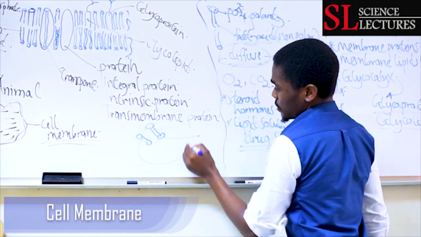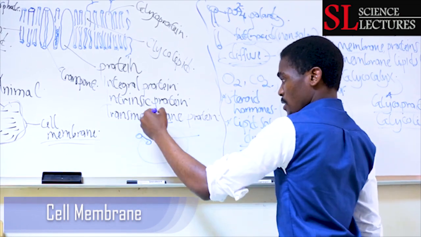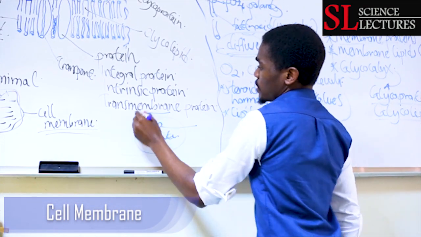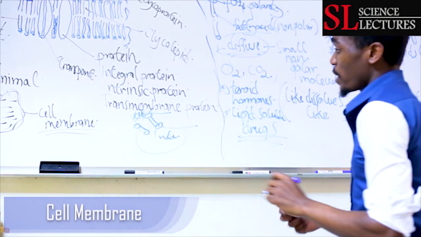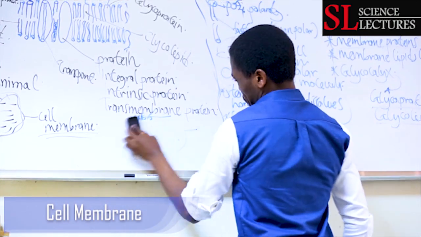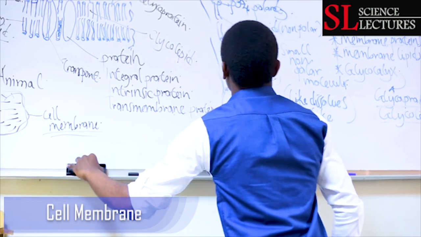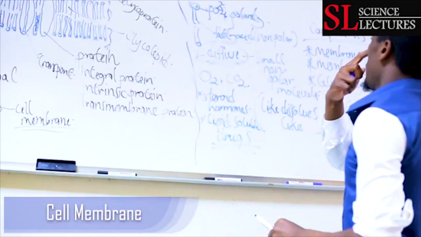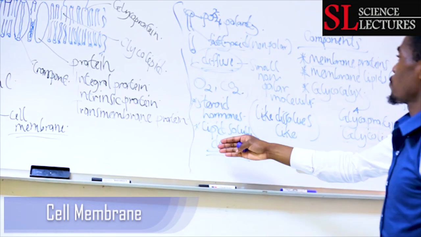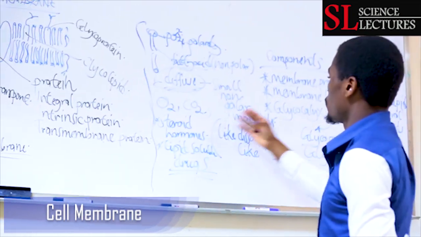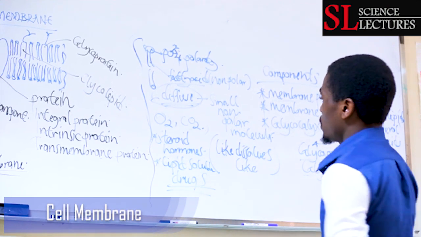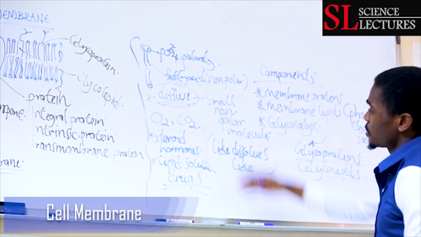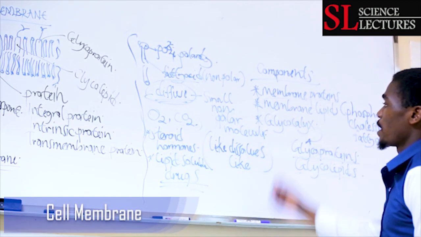This is the phosphate head, pointing towards the interior and towards the exterior, because that is where the aqueous layer is formed. With fatty acids present, they will aid simple diffusion of the small non-polar molecules. Which molecules are small non-polar? Oxygen, carbon dioxide, steroid hormones, and some lipid-soluble drugs will be able to diffuse via this membrane.